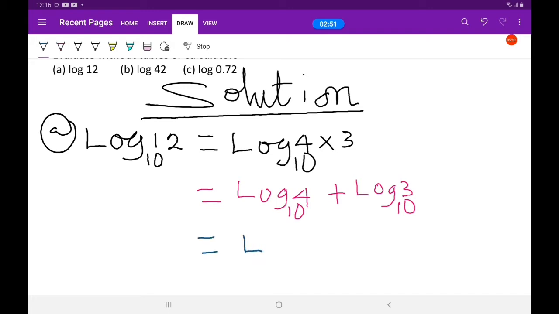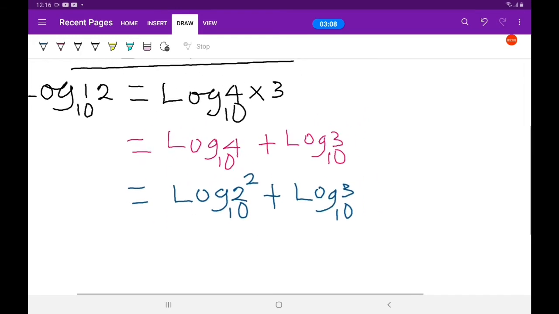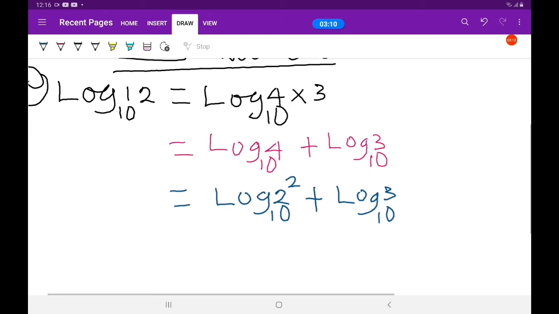And log 4 becomes what? It's the same thing as saying log 2 to the power of 2 to base 10 plus log 3 to base 10. From the laws of logarithm that we have dealt with, the power will surely come down.